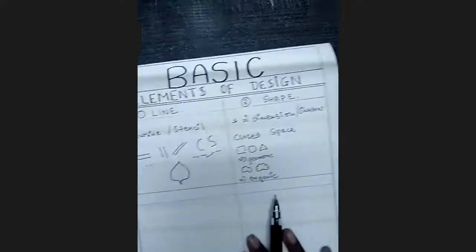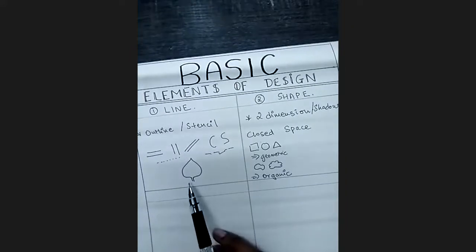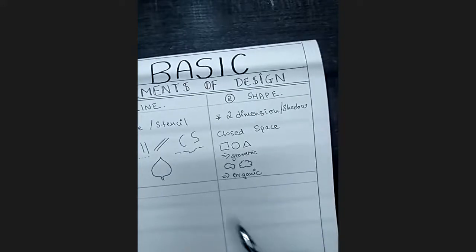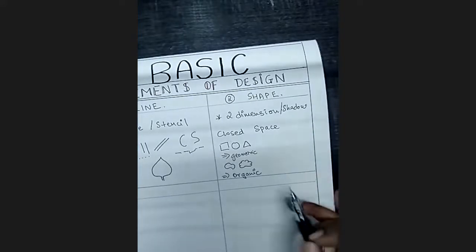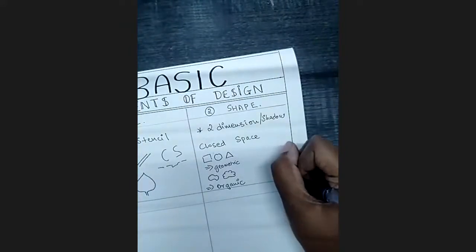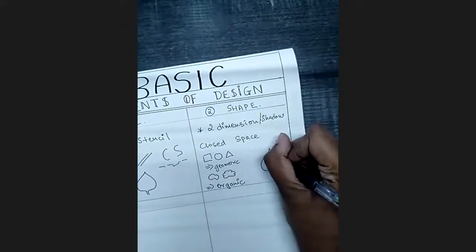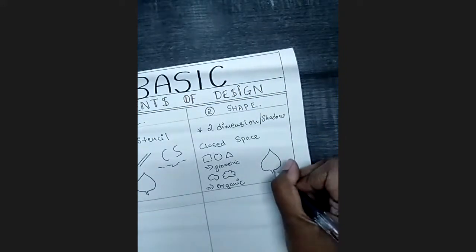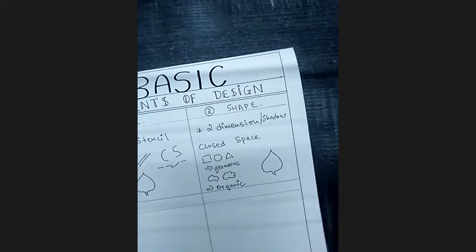Now if I want to represent this line as a shape, what am I going to do? It is a shadow, remember? So I'm going to make sure that it is a closed shape, first of all. Let me draw the leaf once again, and the stalk once again. But this time, this one is a shadow.